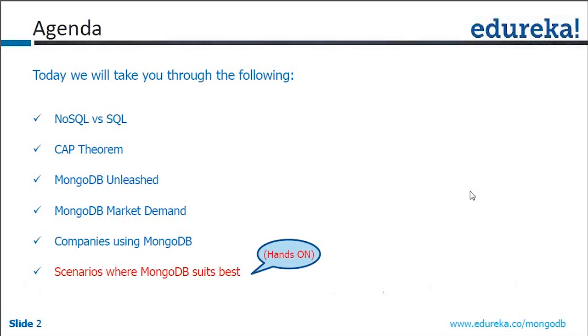We'll see some of the job trends and market trends of MongoDB, and who is using MongoDB in production today, some of the big names. Then we'll have some hands-on, where we'll develop a sample web application and see how we can get it to work.